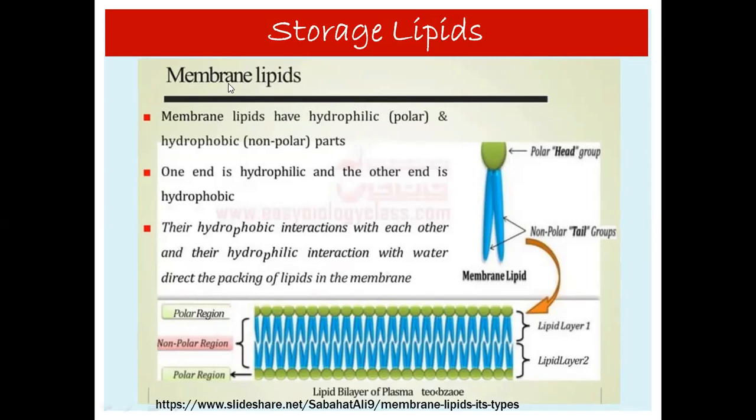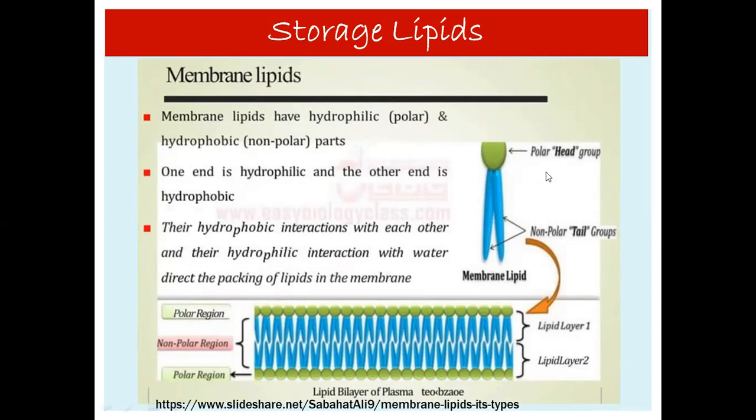Here we are focusing on the types of membrane lipids. First of all, membrane lipids have both hydrophilic and hydrophobic parts. One end is hydrophilic, or polar, and the other end is hydrophobic.